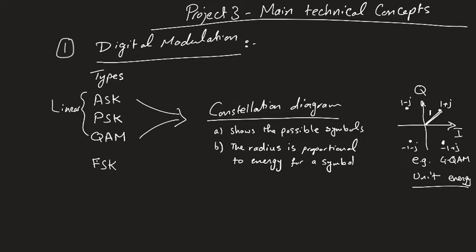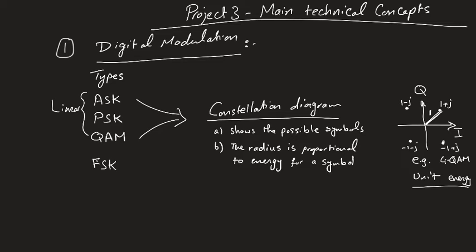If it has a radius equal to 1, then rather than 1 plus j and 1 minus j, they have to be 1 over root 2 and 1 over root 2, right? So that when you add them, they give you a unit energy.